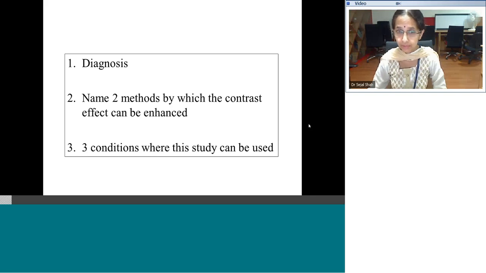Can you name 2 methods by which we can make the contrast effect better? Elevation of the arm, yes. Mixing with a little blood, yes.